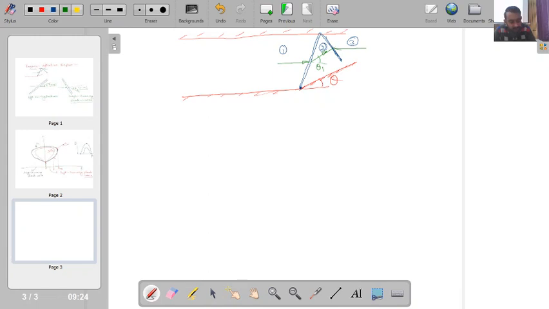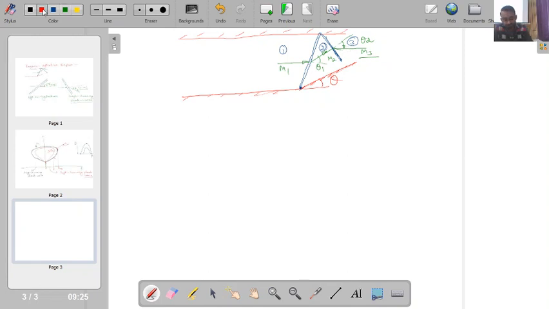This angle is my angle theta 2. Is this point clear? And here the Mach number will be M1, here M2, and here M3. Now let's construct the pressure deflection diagram for this situation, and understand how I can represent this entire process of 1, 2 to 3 on the pressure deflection diagram.